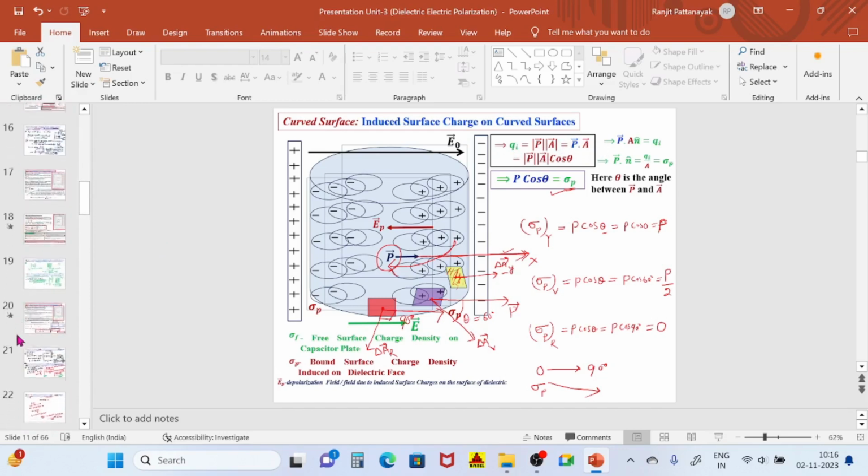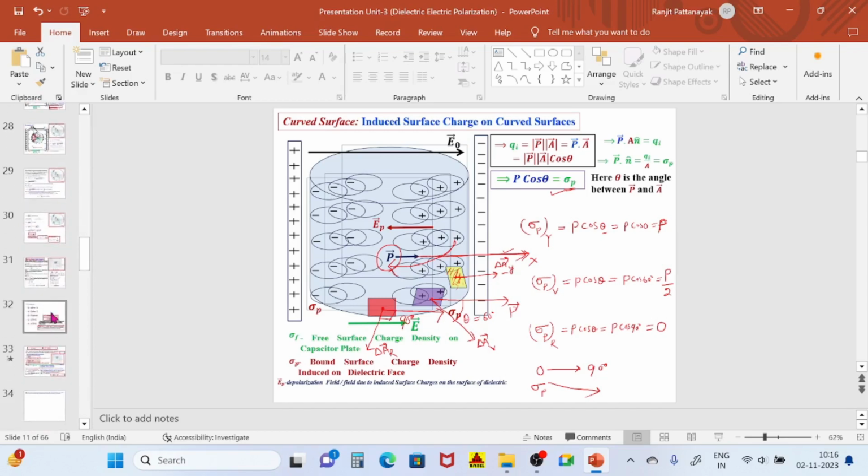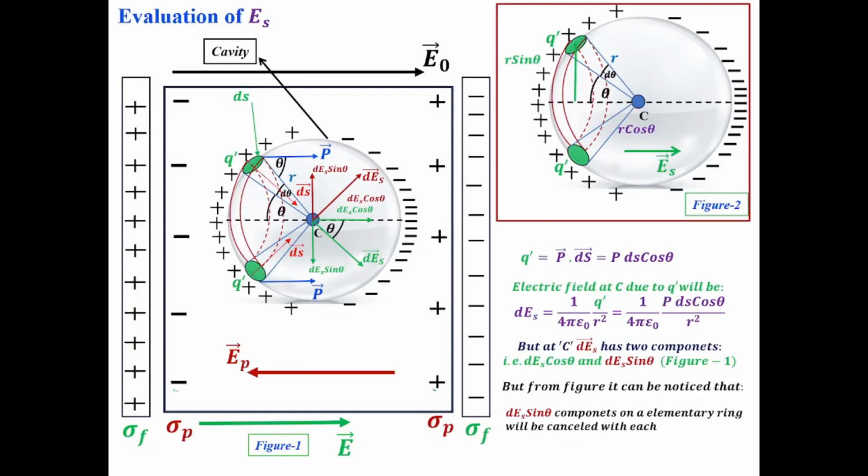So we use the same expression: the charge on the small dS surface, q dash, is the polarization vector scalar product with the dS vector. So that will be P dS cos theta.